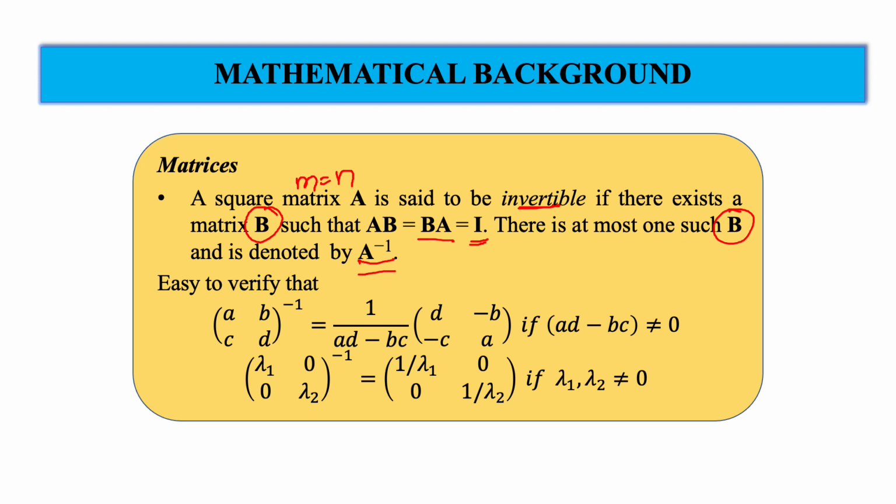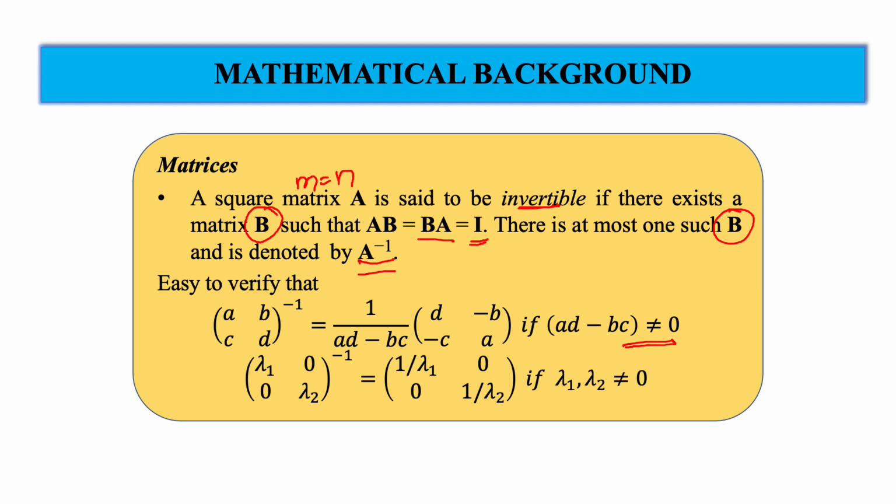So for example, if you verify, the inverse of the 2 by 2 matrix is nothing else but 1 by AD minus BC times the matrix D, minus B, minus C and A, if AD minus BC is not 0. Similarly, if lambda 1 and lambda 2 are there, then the inverse of this diagonal matrix is 1 by lambda 1, 0, 0, 1 by lambda 2.